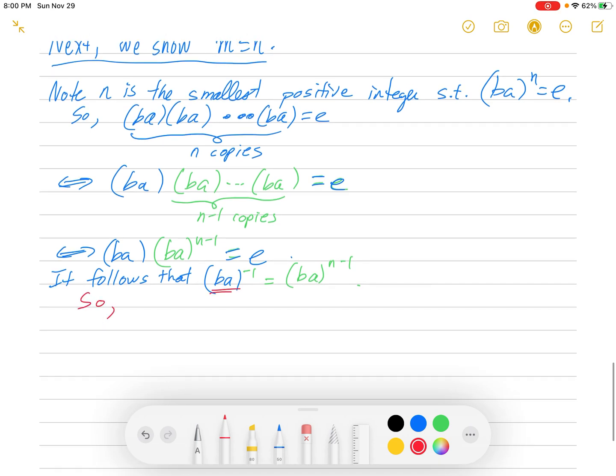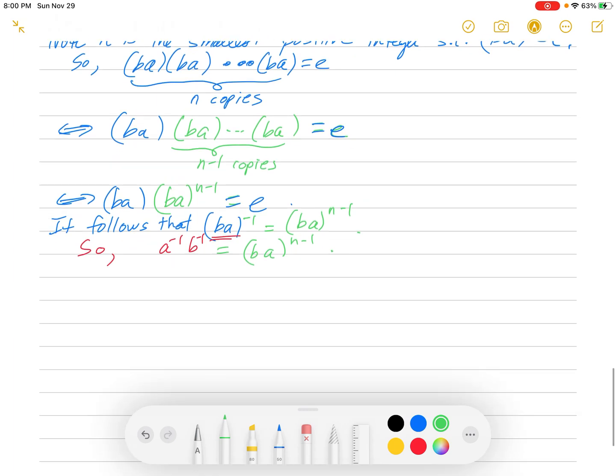So what's another name for BA inverse? Well, that's A inverse B inverse, right? So that's equal to this green dude, BA to the n minus 1.